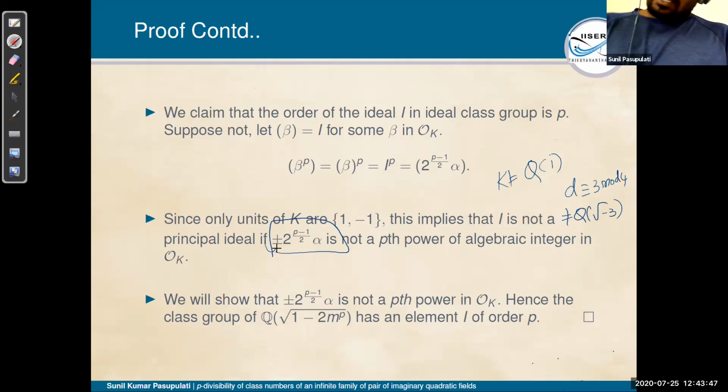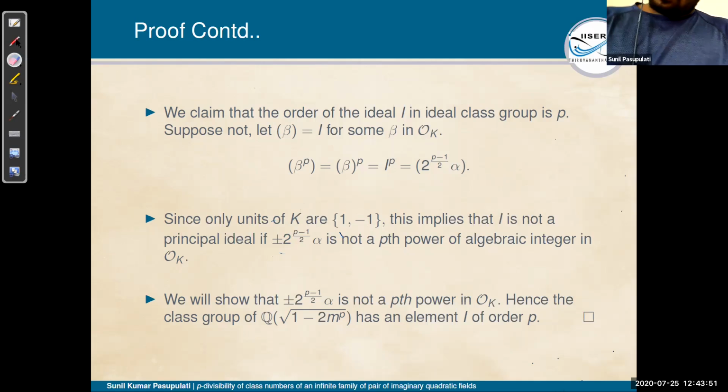Because if this happens to be a principal ideal, then I'll have that 2 to the power (p minus 1) by 2 times alpha is equal to plus or minus beta to the power p. So to prove that I is not a principal ideal, it is enough to prove that plus or minus 2 to the power (p minus 1) by 2 times alpha is not a p-th power of any algebraic integer in O_K. It's enough. The next lemma will show you that this is not a p-th power.